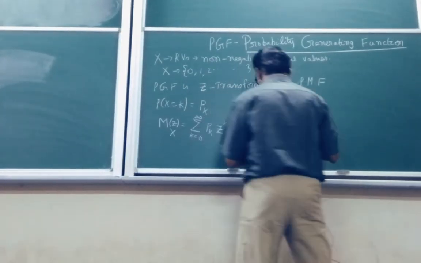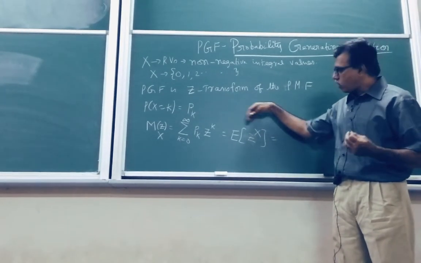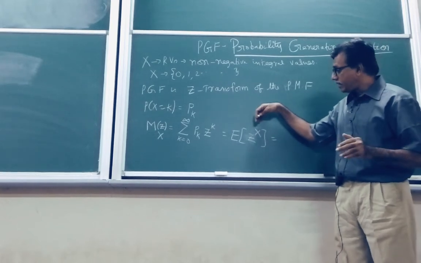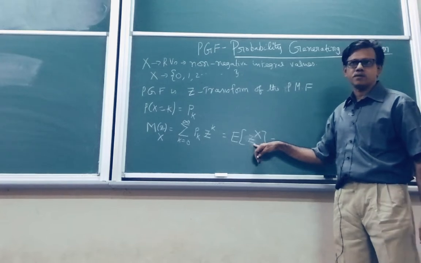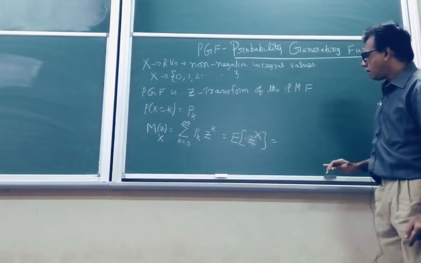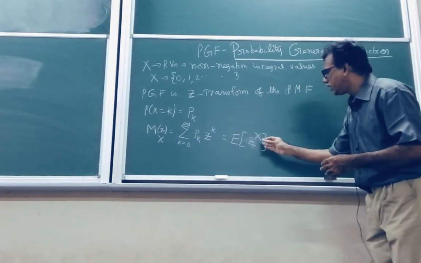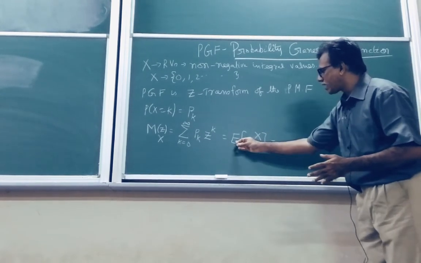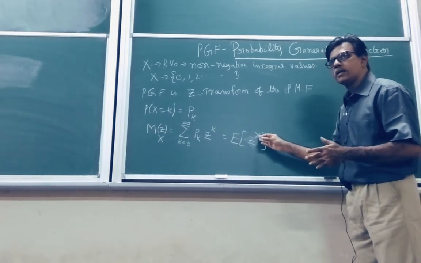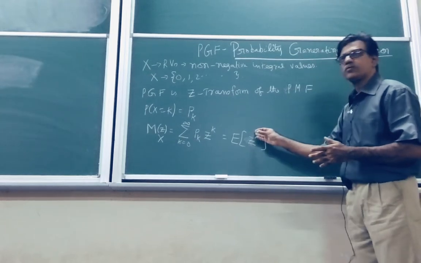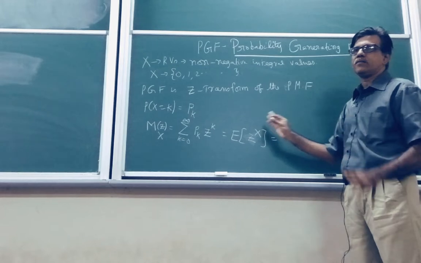Carefully note that we have an expectation, and the random variable comes in the exponent of this transform variable. But don't let that trouble you. Once you know the definition, when you say expectation, for each of the values the random variable can take, you put it in this function and then give the weightage equal to the probability that it takes it.